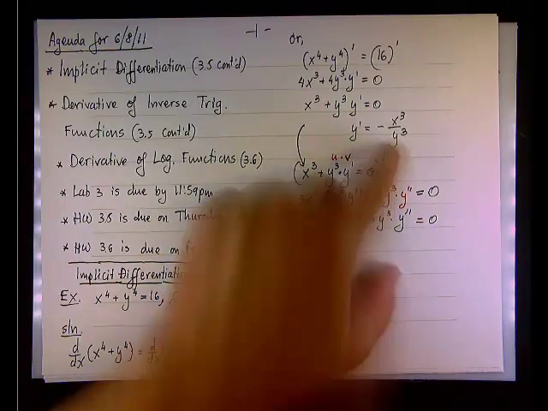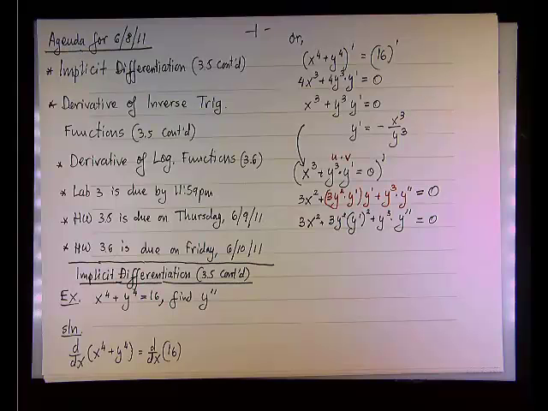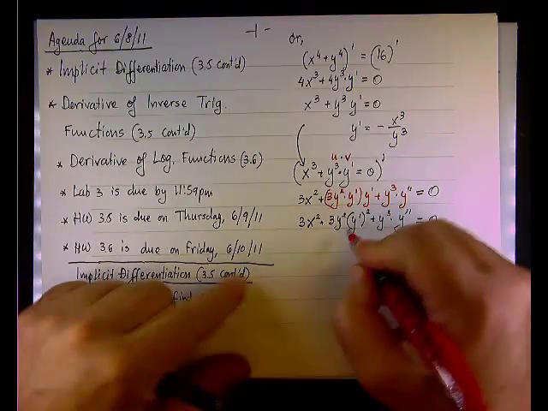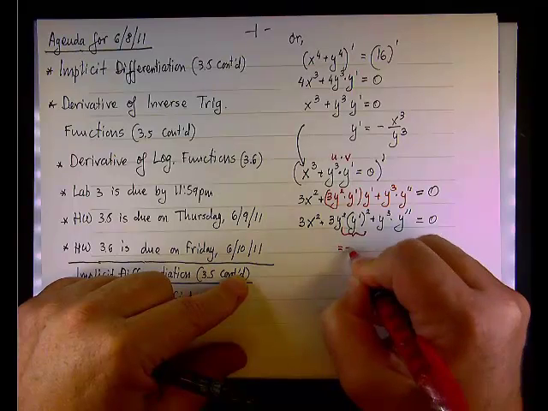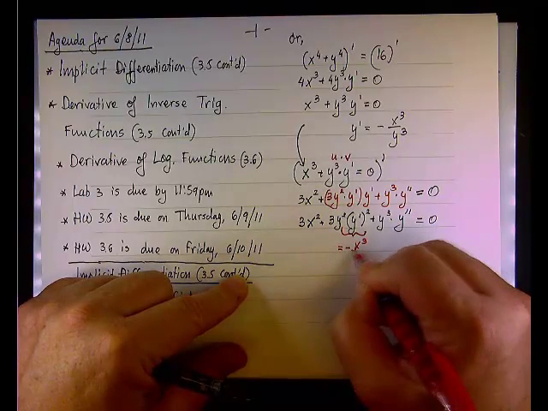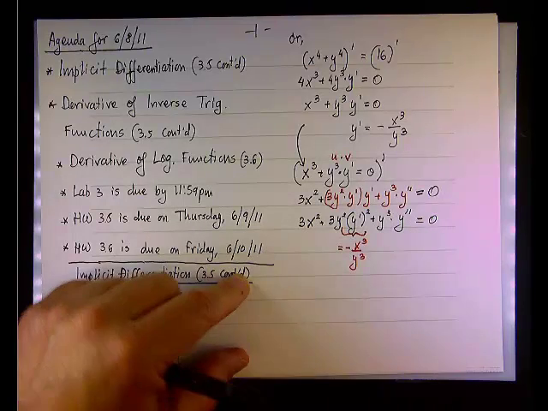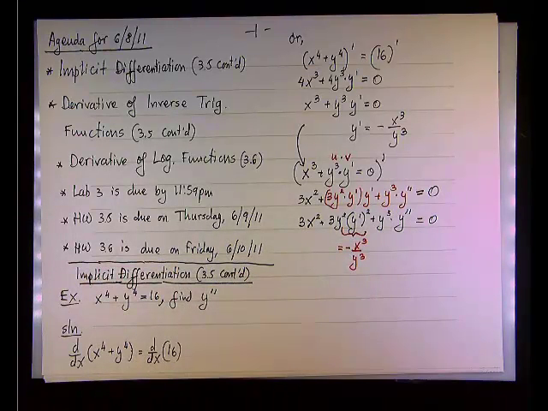We know that y prime is negative x cubed over y cubed, so I'll take this expression right here and I'll substitute it with negative x cubed over y cubed, like so. Remember, I need to square the whole thing.